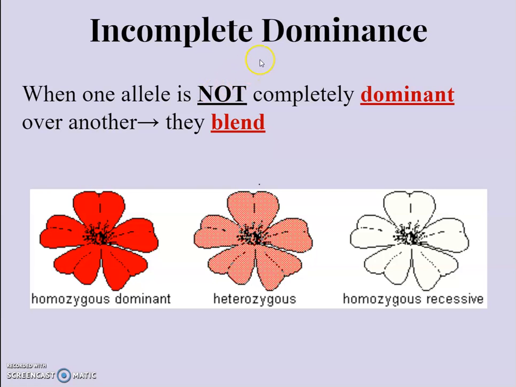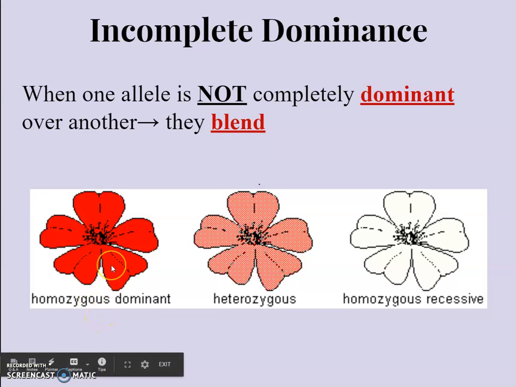The first one we're going to look at is incomplete dominance. Incomplete dominance is when one allele is not completely dominant over another, and since they aren't, they end up blending. Here we have a homozygous dominant flower that's red, so it would have 2 capital letters.